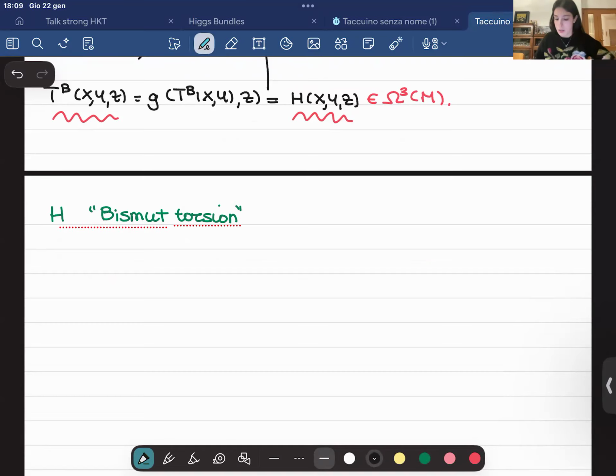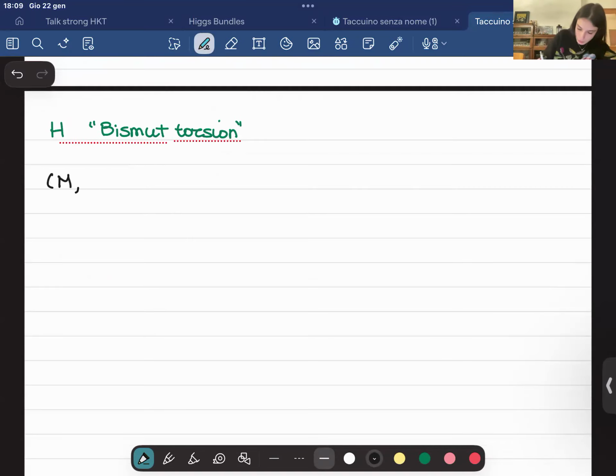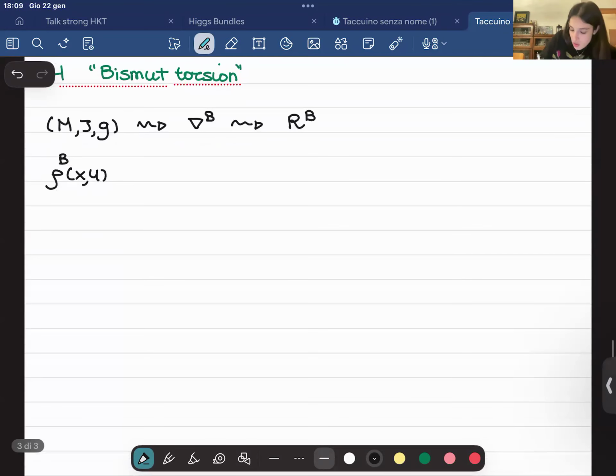Okay. So we have our Hermitian manifold. We can associate the Bismut connection, and we can also associate its curvature. But here we are in the complex setting, so we may trace it using the complex structure J. So let us define this rho^B(X,Y), which is just 1/2 the sum over i from 1 to 2n of R^B(X,Y,e_i,Je_i).